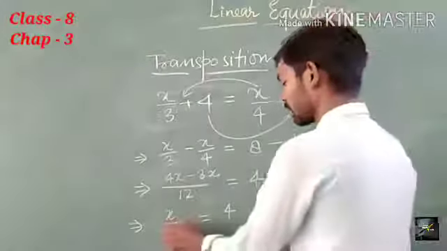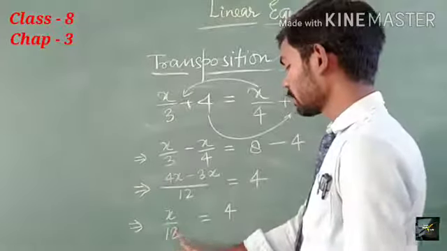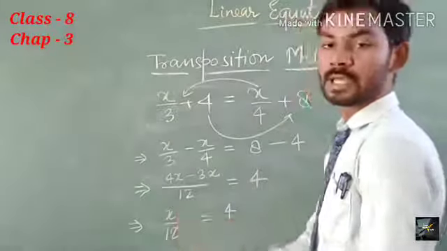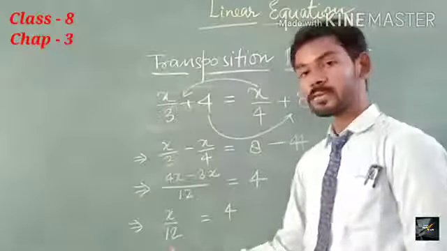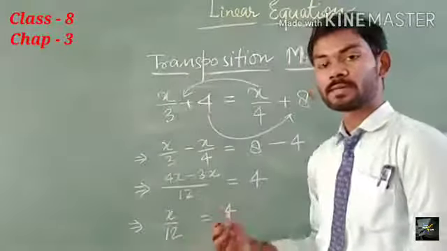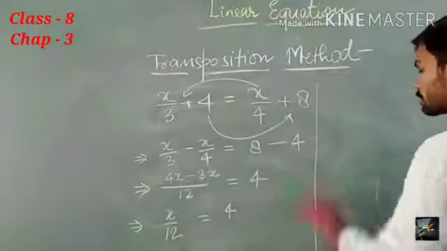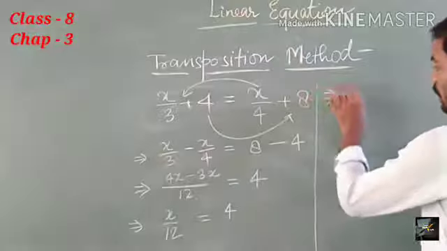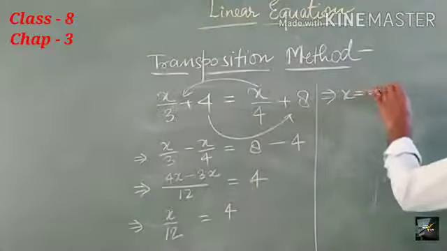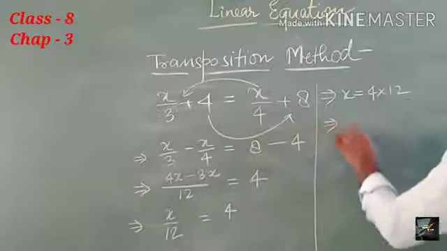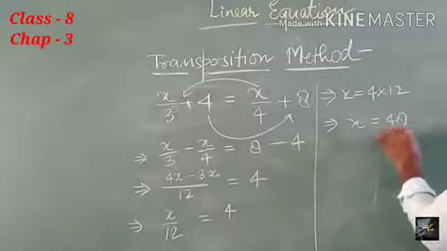Okay. Here we can see that x is divided by 12. Therefore, when we transfer 12 to the right side, it becomes multiplied and we get x is equal to 4 multiplied by 12, and this is x is equal to 48.